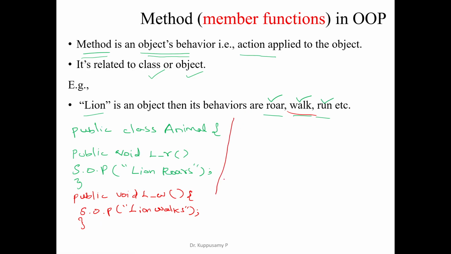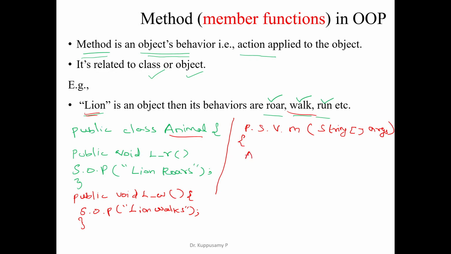Now I have to define the object. The object here is lion. So public static void main, String args, open braces. What is the class name? Animal.